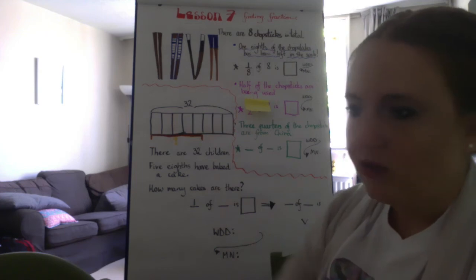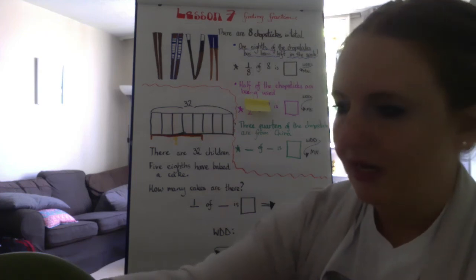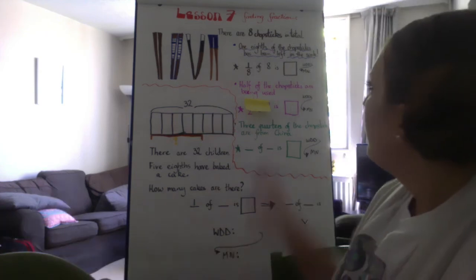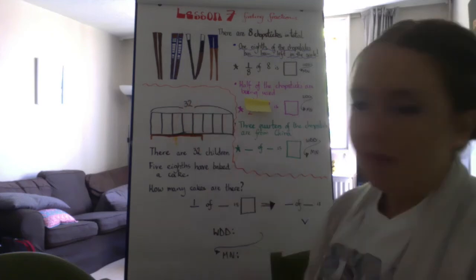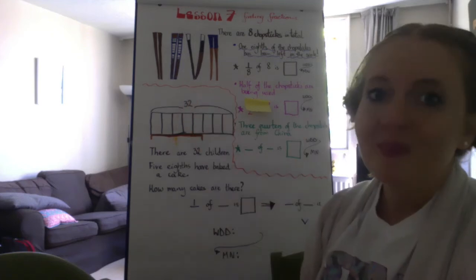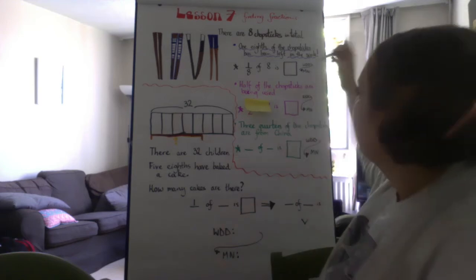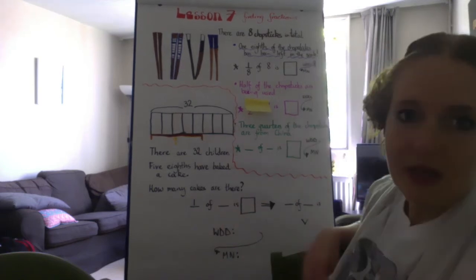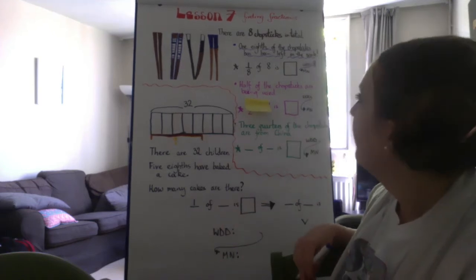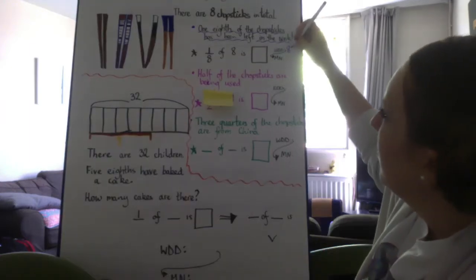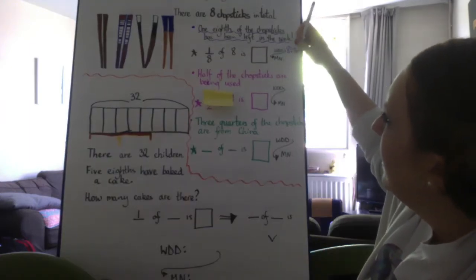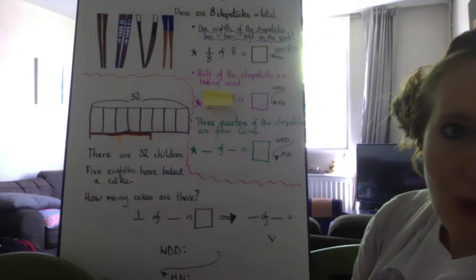Now we can use our WDD here. Whole divided by denominator. Here my whole is 8. So I'm going to do 8 divided by 8, which is equal to 1.